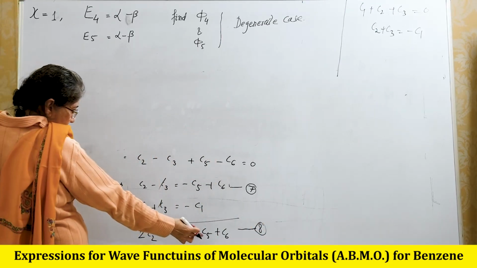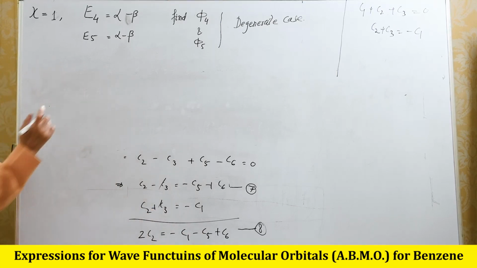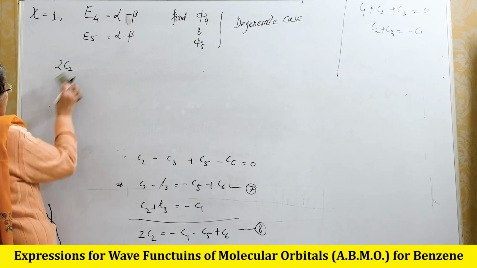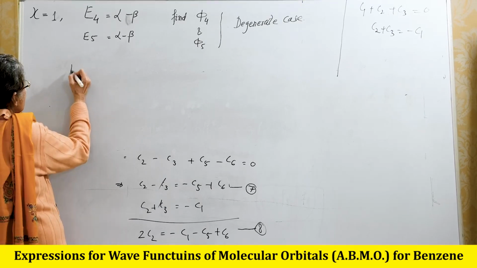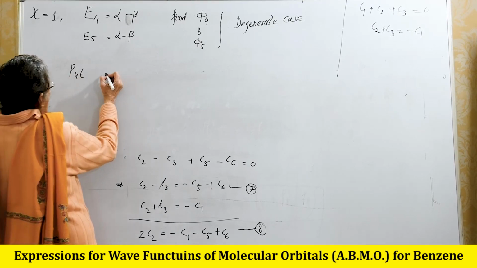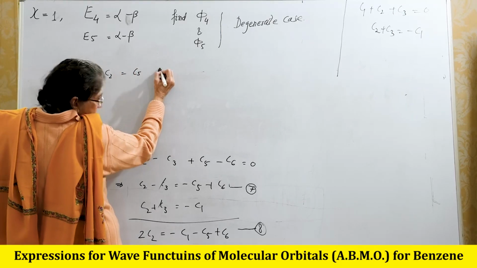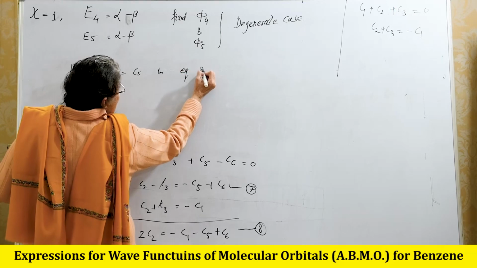And minus C5 we can replace by minus C2. So put C2 is equal to C5 in equation 8.